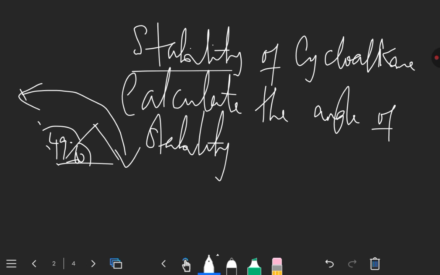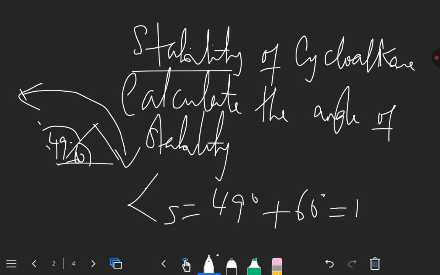So you can say the angle of stability will be equal to 49 degrees plus the angle inside, which is 60 degrees, and we'll get 109 degrees. So that is our angle of stability.